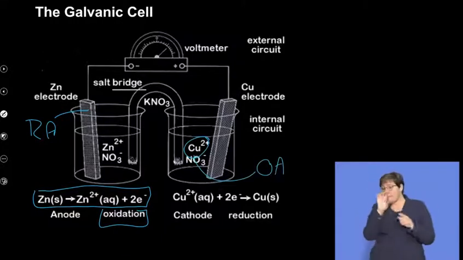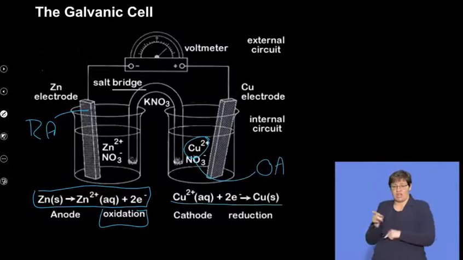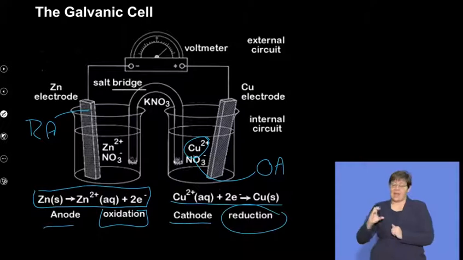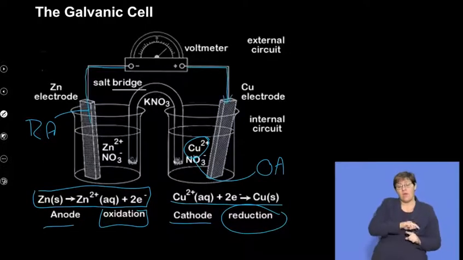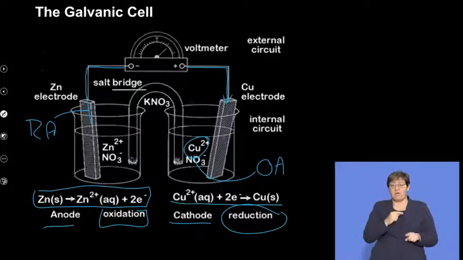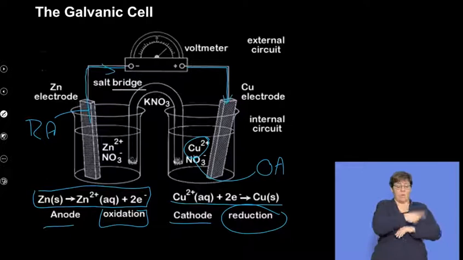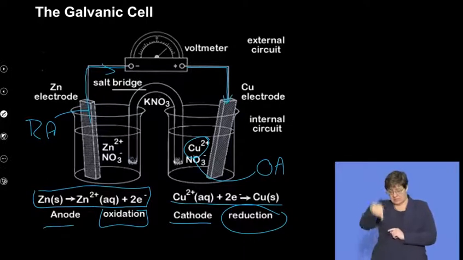And we're recognizing that's the reaction for there. It's undergoing reduction. That's the cathode, that's the anode. And remember that because this is the reducing agent, it's donating electrons. So electrons are going to move through the external circuit from the zinc electrode through the voltmeter, and it's going to end up on the copper electrode.